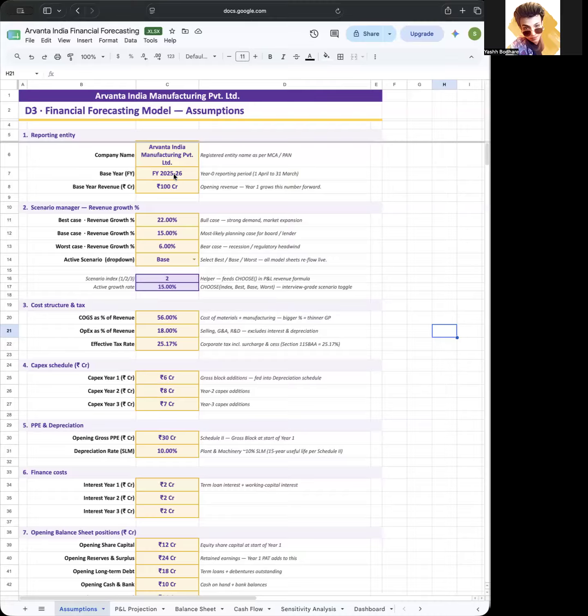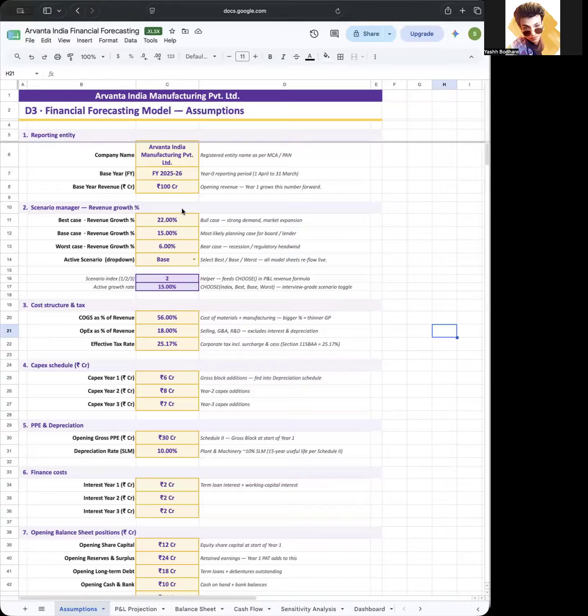This model then forecasts the next 3 periods, that's FY 2026-2027, FY 2027-2028, and FY 2028-2029. It is important to separate the historical base year from the forecast period because the model uses actual or assumed historical performance as a foundation for calculating future values.